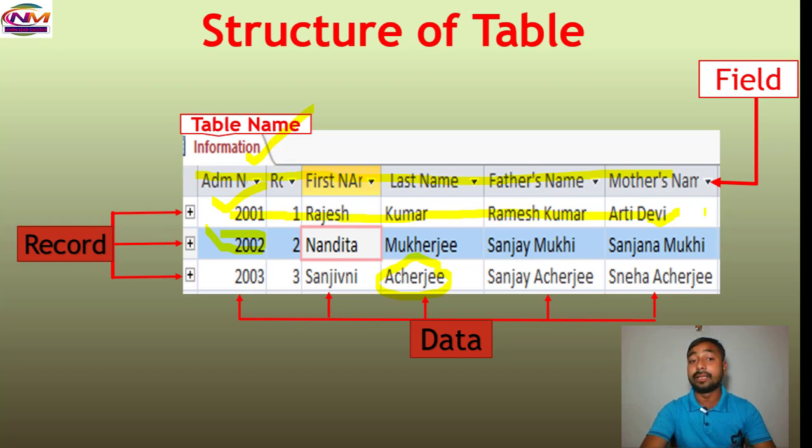From here to here, 2001, 1, Rajesh Kumar, Ramesh Kumar and Aarti Devi, this is called a record. But admission number, roll number, first name, last name, father's name and mother's name, these are called field names.